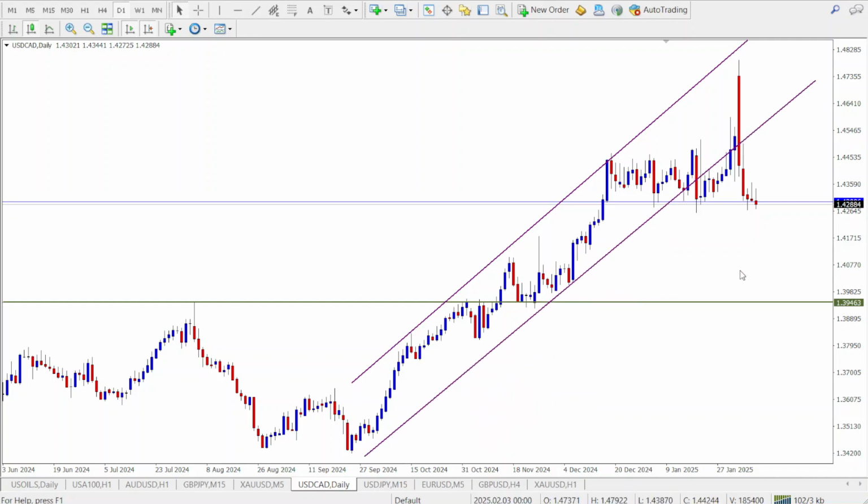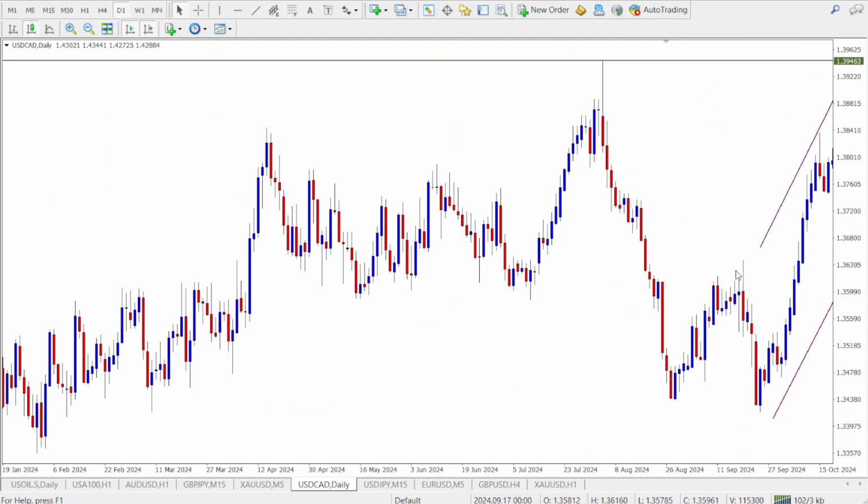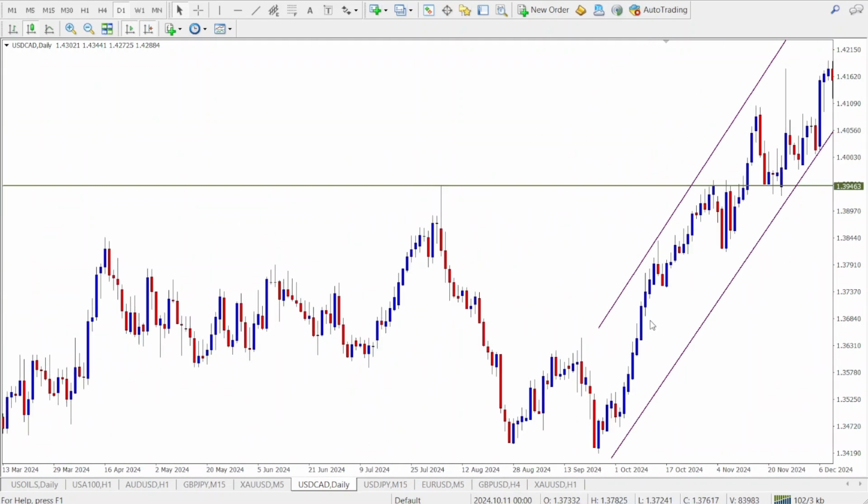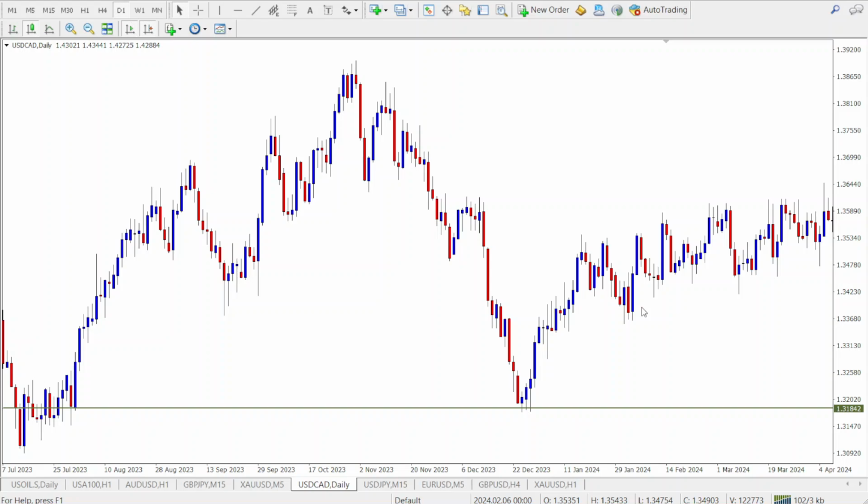Can you see that? That's what characterizes an uptrend. This indicates that buyers are in control, pushing prices higher over time. Then a downtrend consists of lower swing highs and lower swing lows. It shows that sellers are dominating and prices are declining.